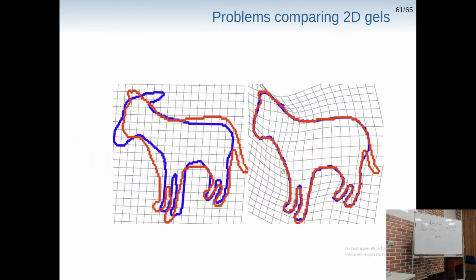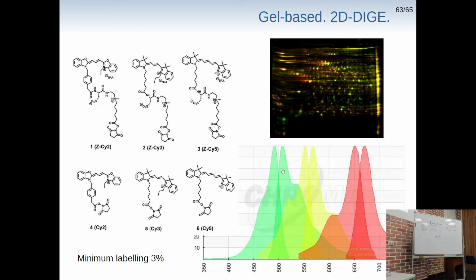So, that was it. Actually, you can see the chemical structure of these dyes. If you've already worked with either microbiology or microscopy, you can be familiar with derivatives of those dyes. Cy dyes, they were patented by Amersham and by GE company.